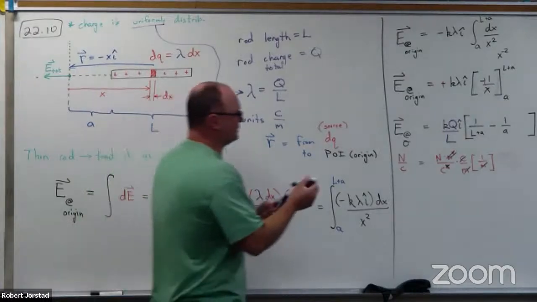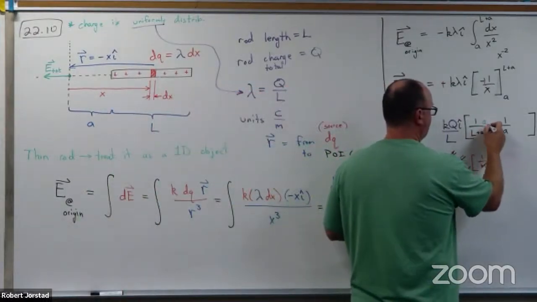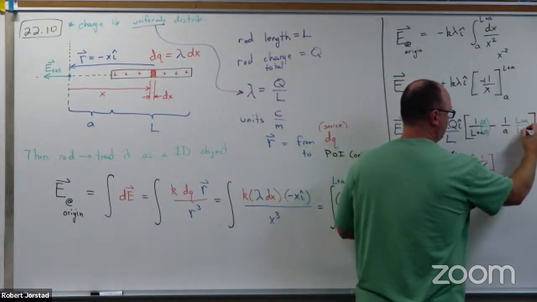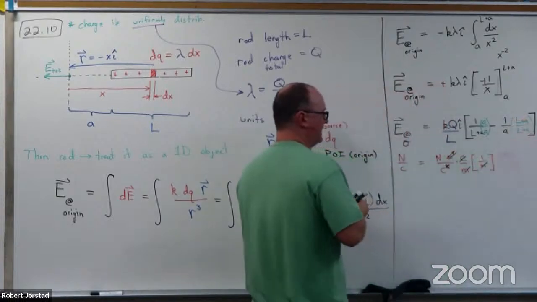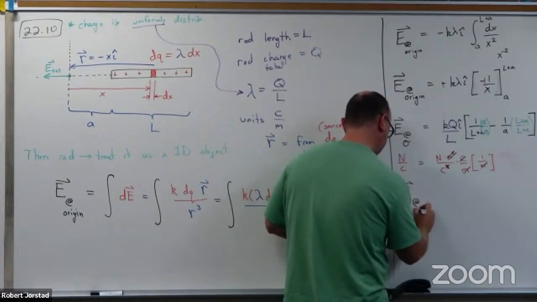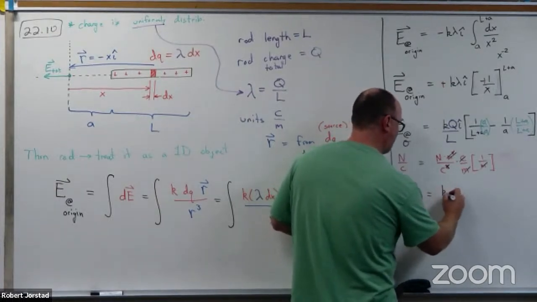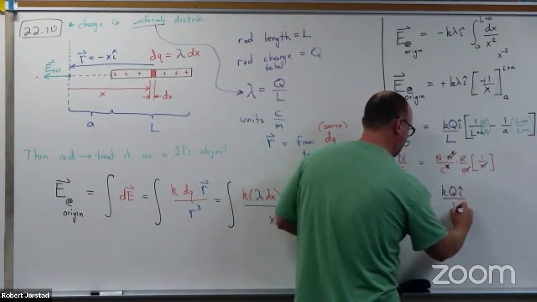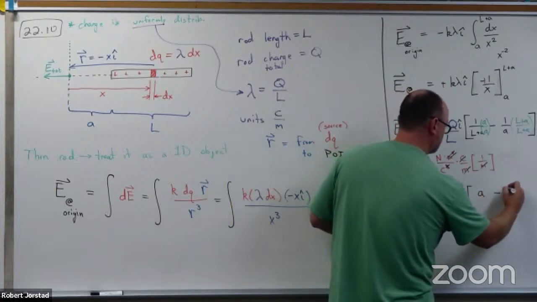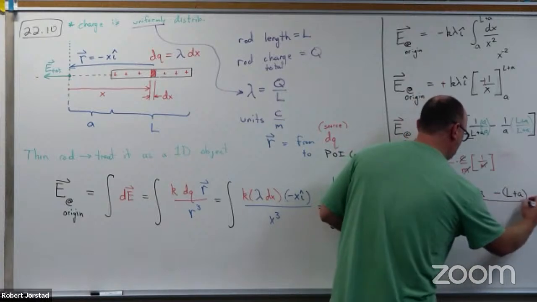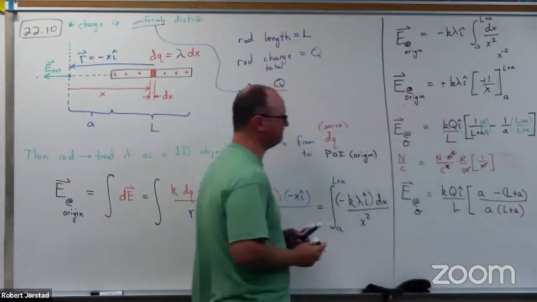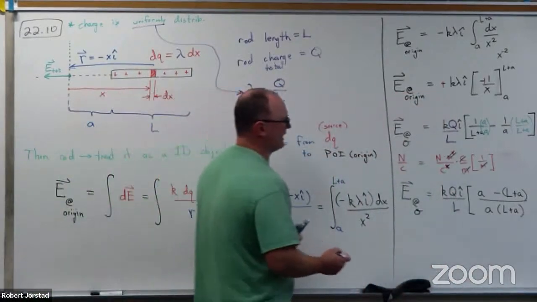So the idea is I could multiply this term by A over A, and I can multiply this term by L plus A over L plus A. Now, when I do that, we're going to get K, Q, I hat, L times the quantity A minus L plus A, all divided by A times L plus A. Is that right? Yes. Right.